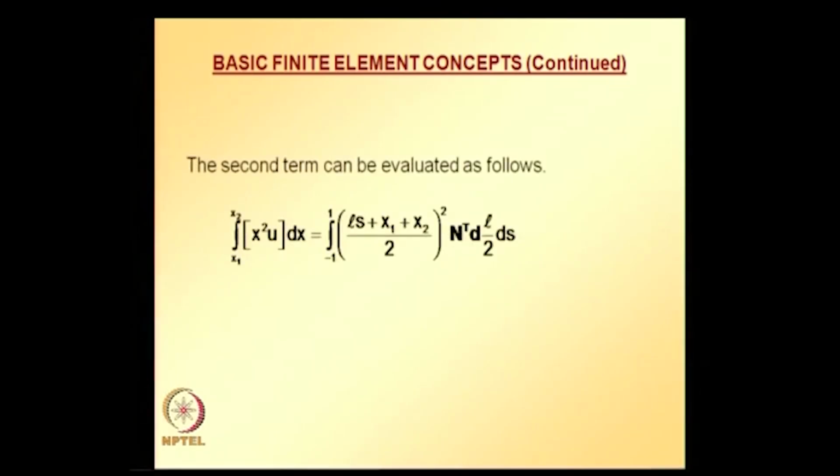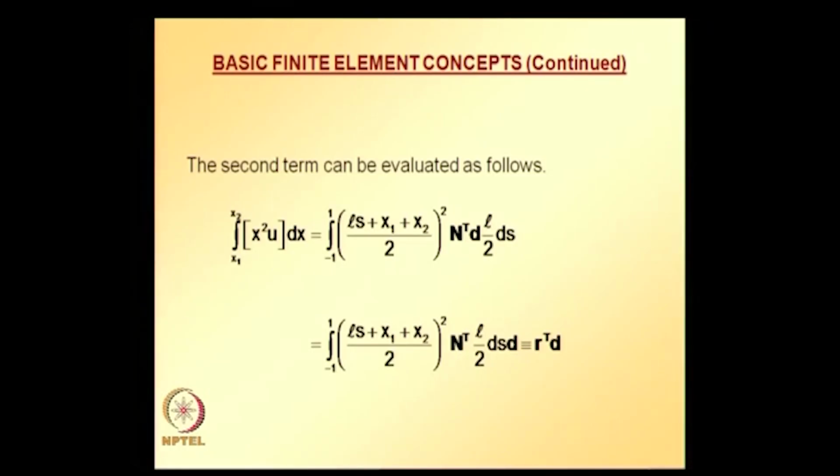And in the second term, we need to substitute what the u value is. Substituting x in terms of S and u in terms of N transpose D, dx is replaced with L over 2 ds, and the limits of integration are changed to minus 1 to 1, with x1 replaced by minus 1 and x2 replaced by 1, and you can simplify this to this one.